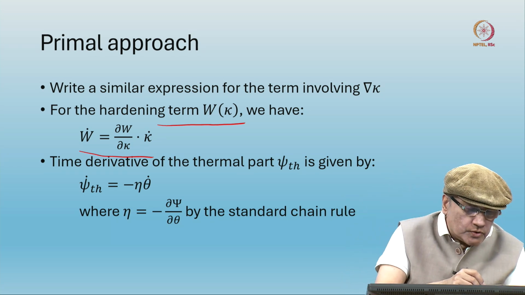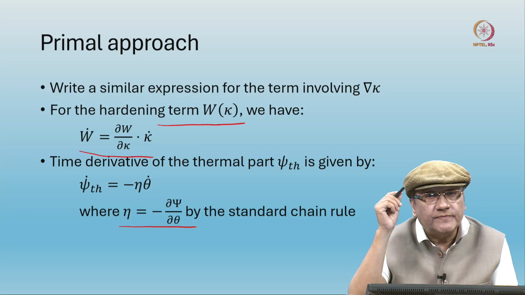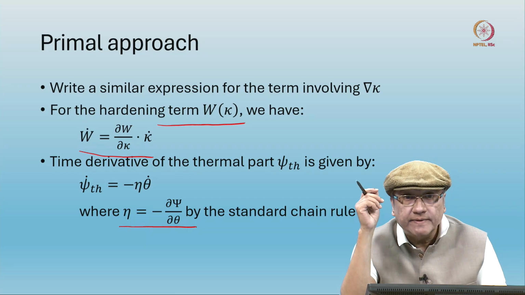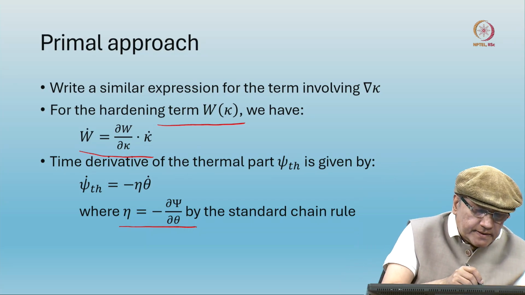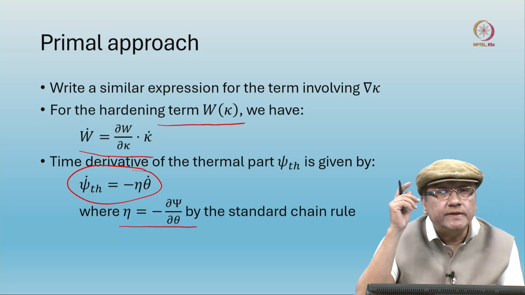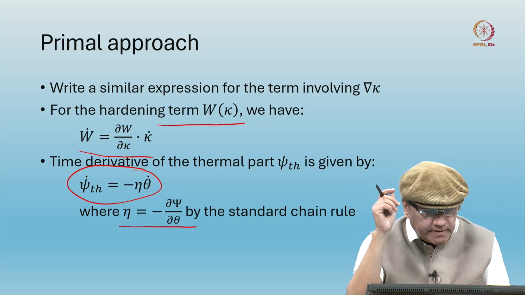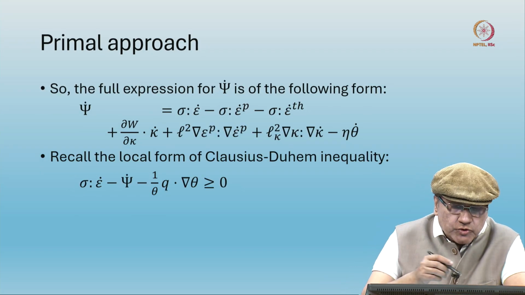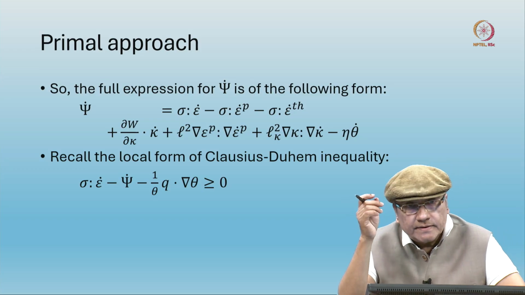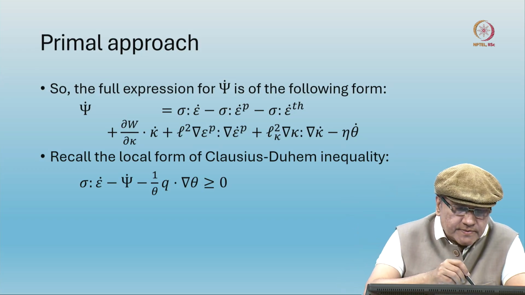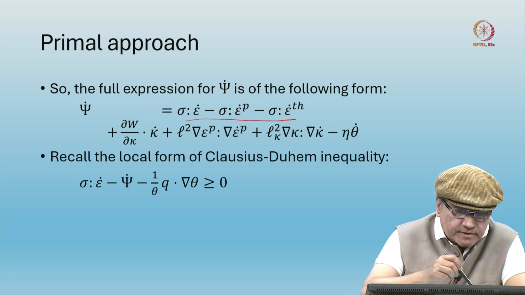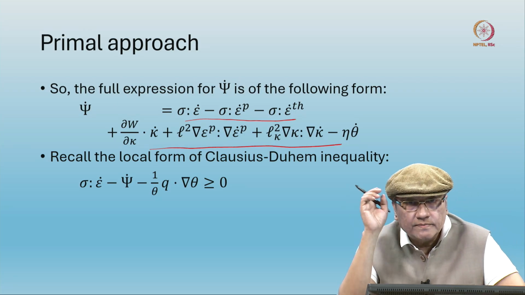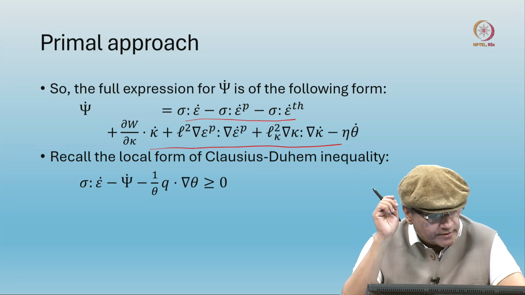So, you also know by now that the local entropy density is given by minus del psi by del theta. So, we can write psi thermal dot to be equal to minus eta theta dot, by the standard chain rule. Now, if we take all the terms together for psi dot, we have these terms, term by term, just write all of them. We have all the terms put in appropriate order.